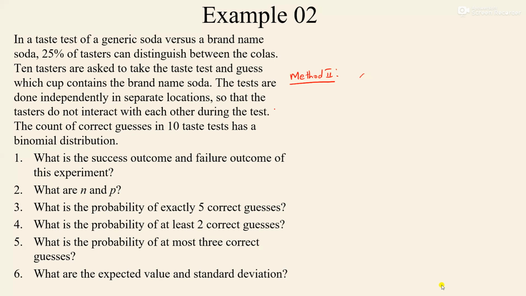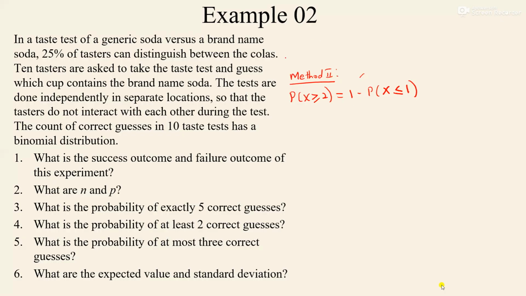What is the probability? At least 2 correct. So probability of x greater than or equal to 2. That is equal to actually 1 minus probability of x less than or equal to 1. Because we know that the total probability is 1. For any probability distribution, the total probability is 1.